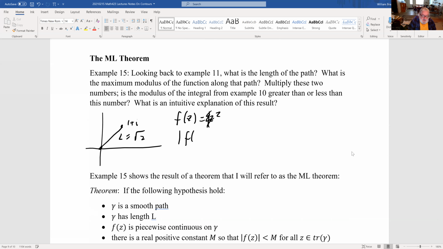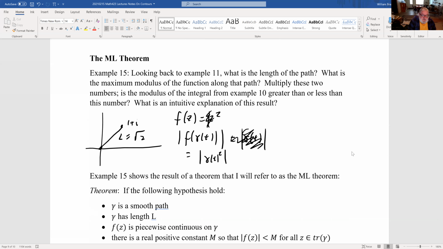The modulus of f along that path, what's the modulus of f along that path? It's equal to the modulus of gamma of t squared, right?